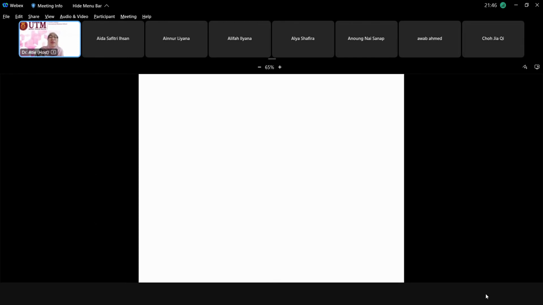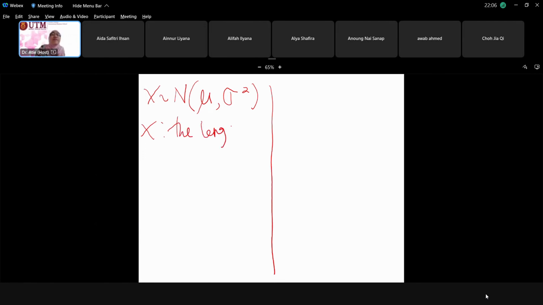Okay, this is what you need to be familiar with, right? So let me put it this way. X is distributed with N(mu, sigma squared), where X, the event here, is the length of earthworm, right?